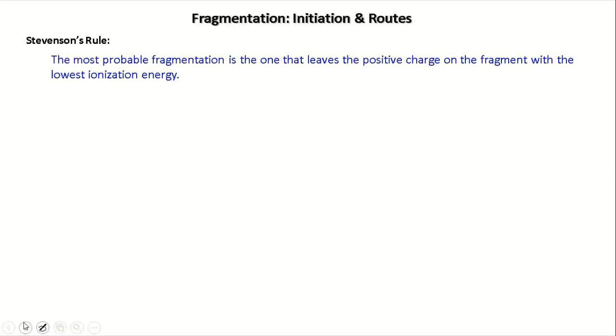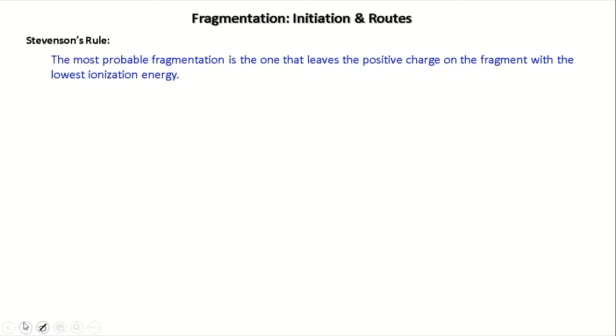The words are a bit roundabout, but what it means is that if the molecule is able to generate the ions very easily, meaning the lowest ionization energy, it involves less energy to generate the ions, so that ion will be generated faster.